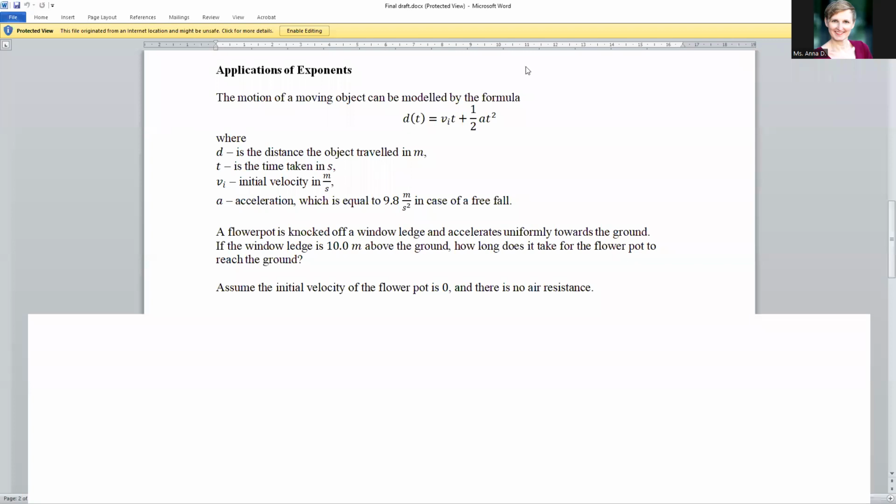The next section is applications of exponents. The question comes from physics, so I'm going to explain how to solve it. Motion of a moving object can be modeled by a formula right here. D of t is the distance traveled by the object in meters.